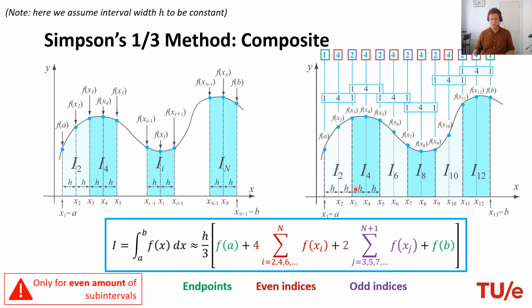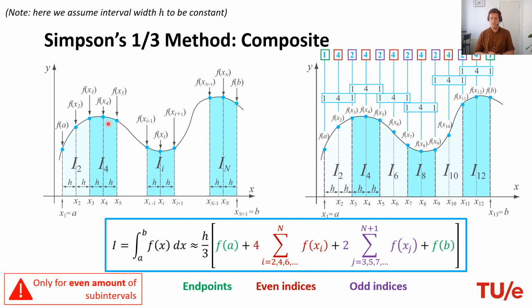We have 1, 2, 3, 4, 5, etc., 12. So we have in total 13 of these evaluation points, including the endpoints. However, if we were to add, let's say, one more point, then we would not easily be able to apply Simpson's rule to that, because for Simpson's rule we always need 1 point in the middle, and if you don't have an even amount of intervals, or an odd amount of evaluation points in total, then this won't work out.